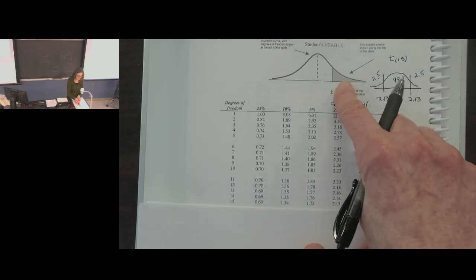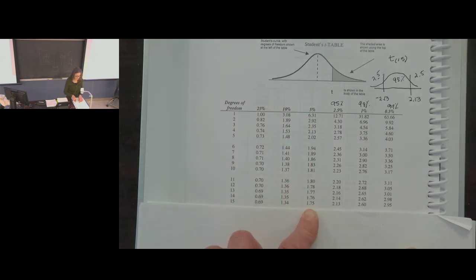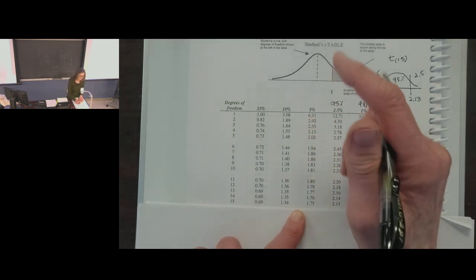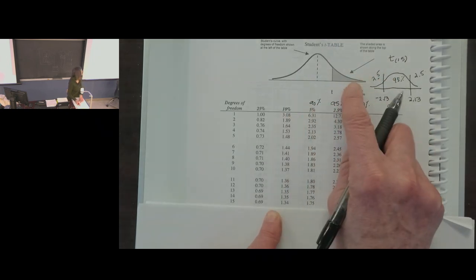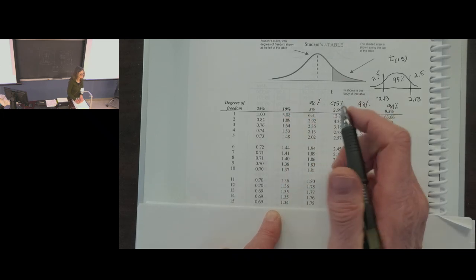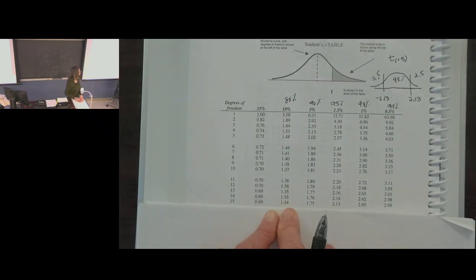This tells you the area here. What would this be? 1.75 would be a t critical value if you had a curve of 15 degrees of freedom for what? 90% confidence interval. This is what? 10% on each tail leaves what in the middle? 80% confidence interval, and it's 1.34.